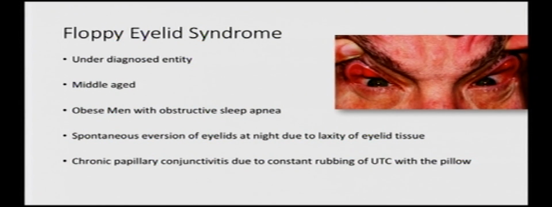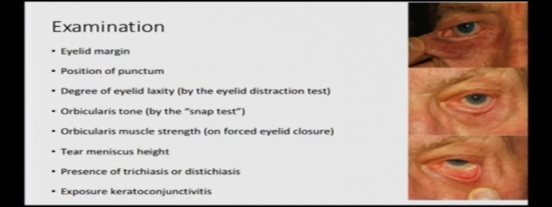That's why they are not responsive to the conservative treatment. So the option in these cases is horizontal shortening of the eyelid, and it is quite effective. We also have to monitor this patient with a sleep medicine therapist.